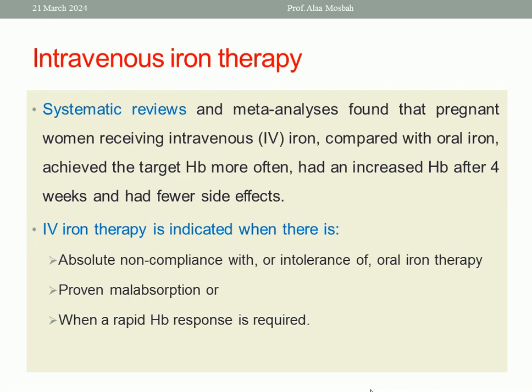Intravenous iron therapy is indicated when there is absolute non-compliance with or intolerance of oral iron therapy, or in cases proven to have malabsorption syndrome, because the absorption of iron is defective, so intravenous iron is indicated.